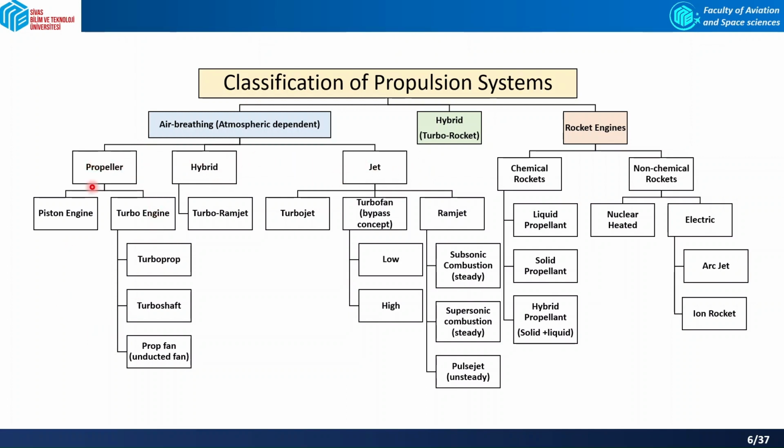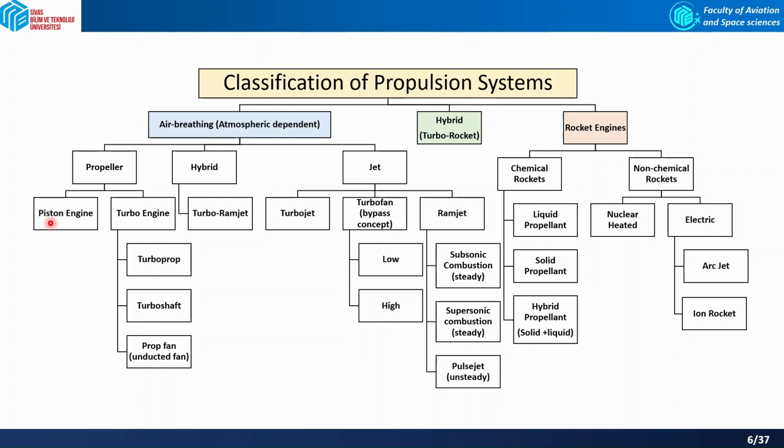So the propeller ones are the oldest ones, and you can classify them as piston and turbo engines. And the piston engines, we all know what they are. The engines that are inside the cars are the piston engines. Also, we have engines inside old aircraft with piston engines.